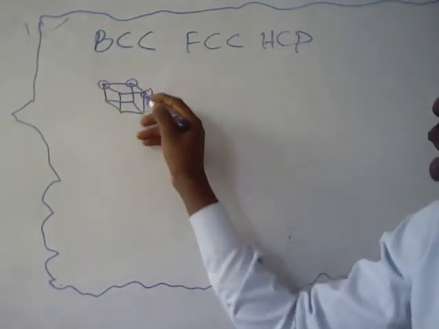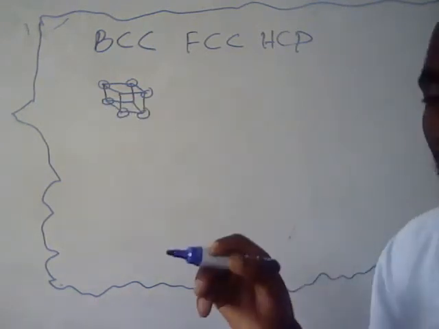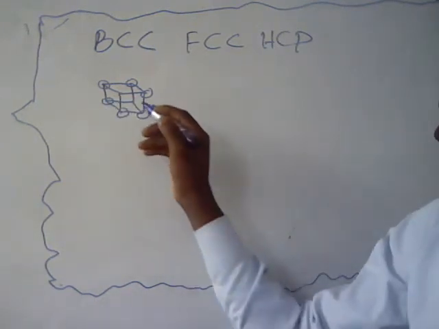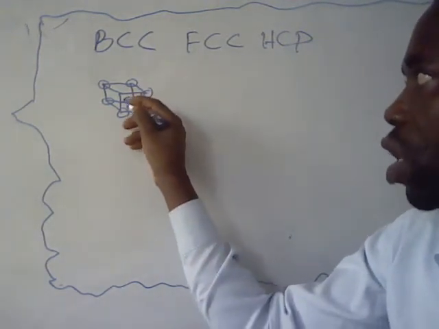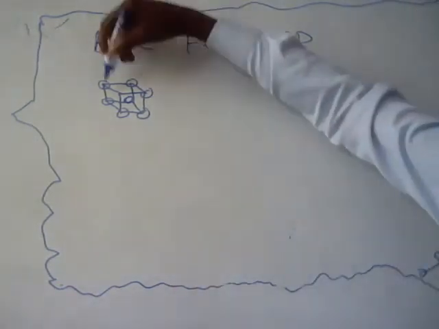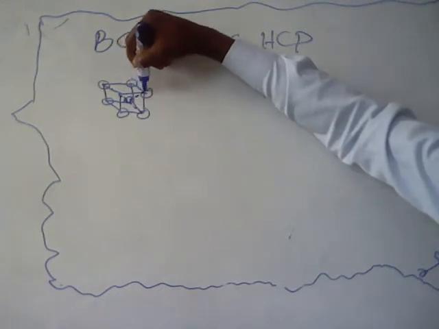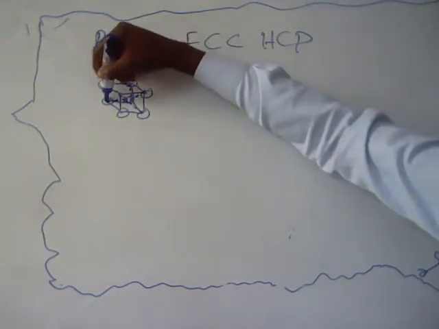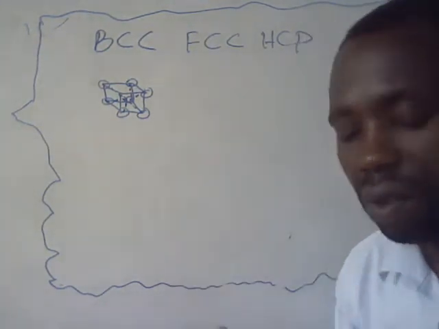We have them at each of the corners, and then we have another one at the center of the cube. So this is body-centered cubic. We virtually join this to this, and this to this. So this is a body-centered cubic crystal.